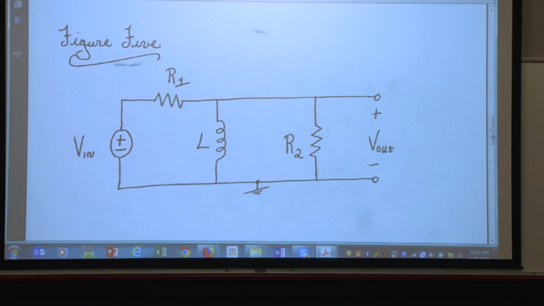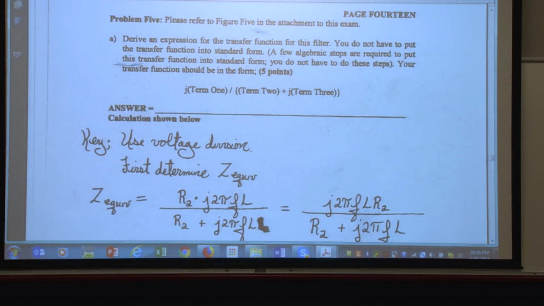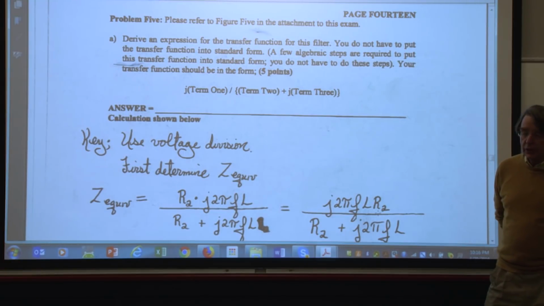All right, so now that we got the circuit, it says here, derive an expression for the transfer function. Now, I mentioned you don't have to put this into standard form because it's a little awkward.